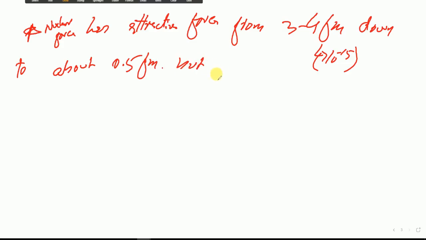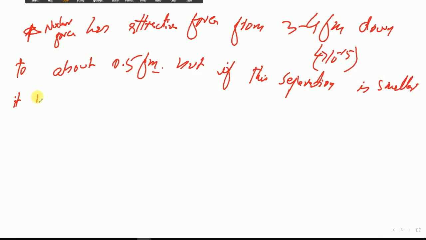But if this separation, this is the separation, but if this separation is smaller, then it will become a repulsive force. Why?